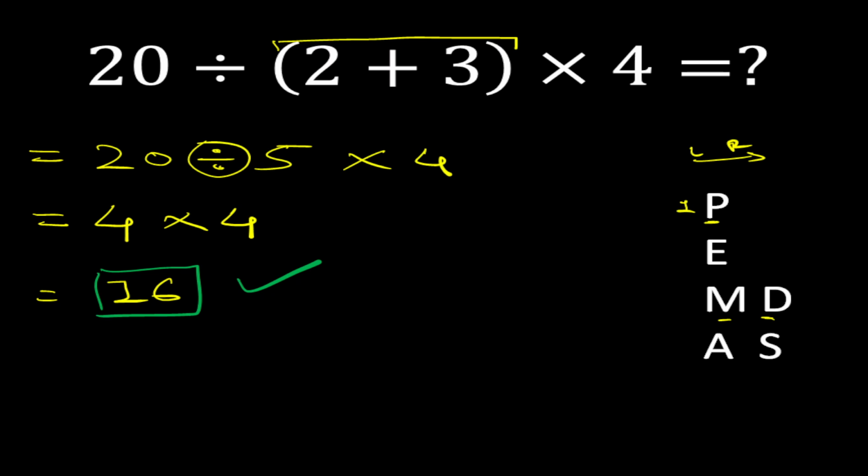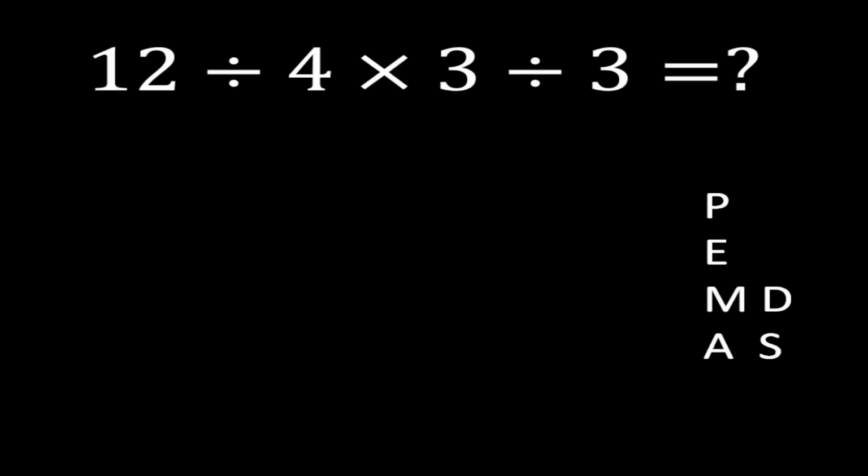Now let's solve question number 4. So here we have a question that 12 divided by 4, then multiply 3, then again divide by 3. Before we solve this question correctly, let's see what mistake most people make.